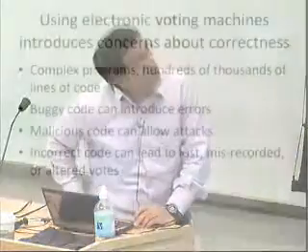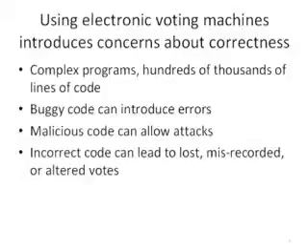But as many of us verification folks in this room know, if you use anything that runs even moderately complicated software, you end up with many hundreds of thousands of lines of code. You could have bugs.